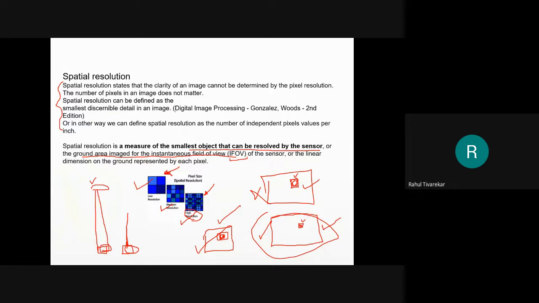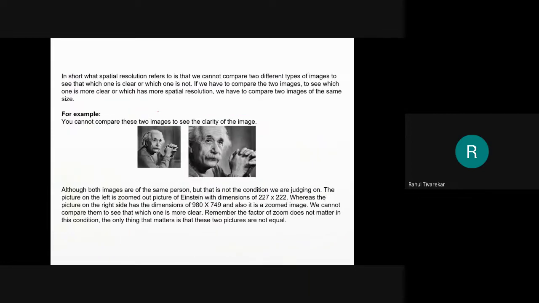In the book that I suggested, that is Gonzalez Woods, the spatial resolution is defined as the smallest discernible detail in the image, which is the same as the smallest object that can be resolved, right? So there are little variations in the definition, but the meaning is the same. So when you talk about the smallest detail that can be viewed from the image, the images should be of the same size. Then only you can compare the spatial resolution.